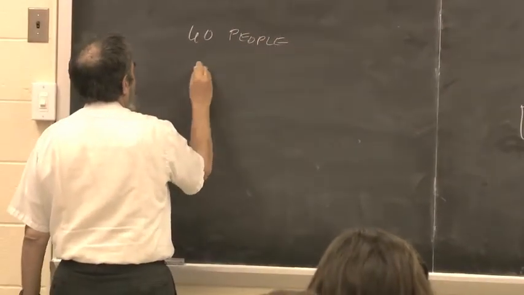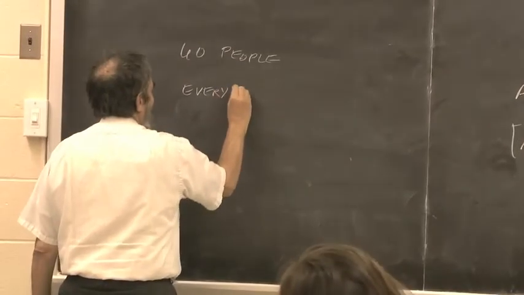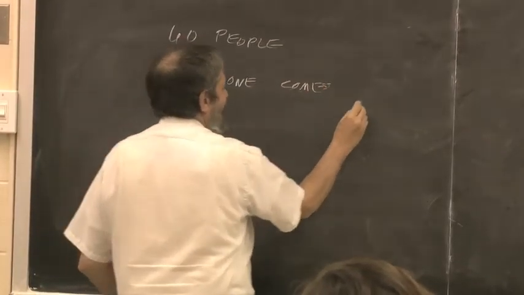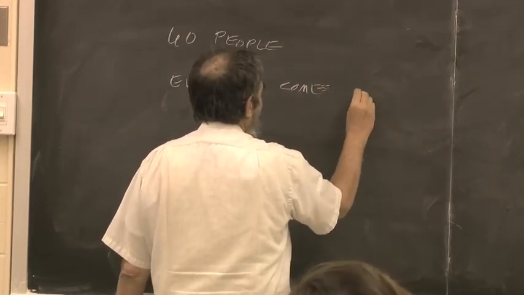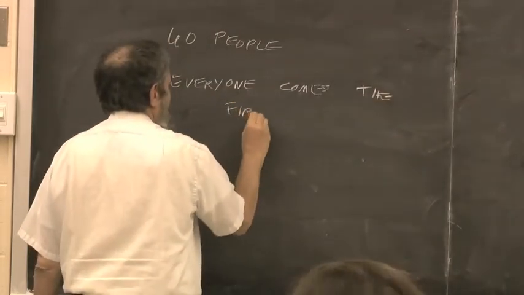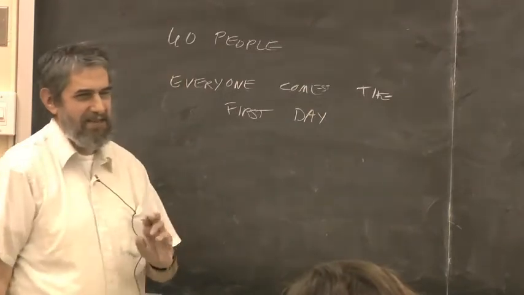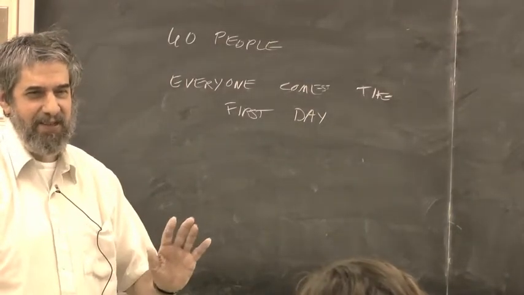And let's say that everybody comes the first day. This part isn't maybe so realistic. And then whether you come on a succeeding day depends on whether you came the preceding day or not.